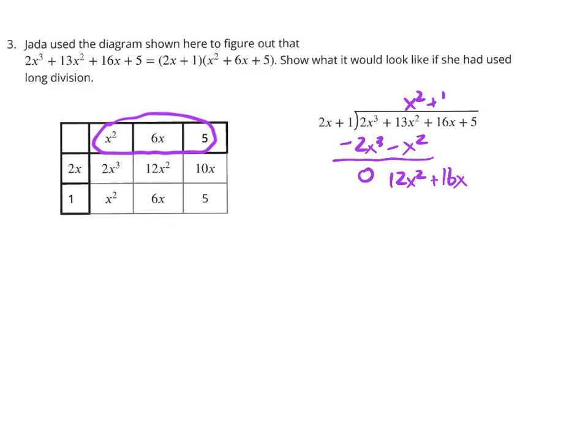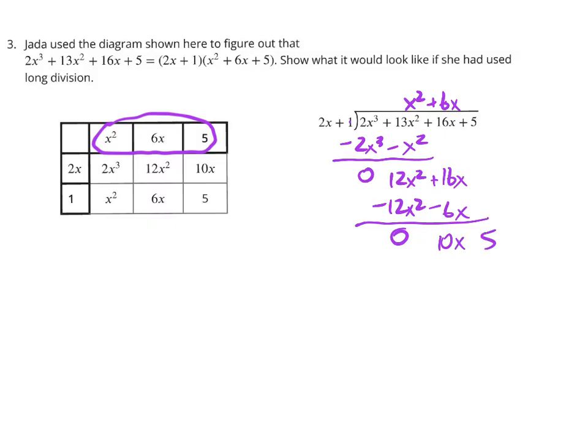What times 2x is 12x? 6. So plus 6x. 6x times 2x is 12x squared. 6x times 1 is 6x. Change both signs, leaving you with 0, 10x. Bring down your 5.